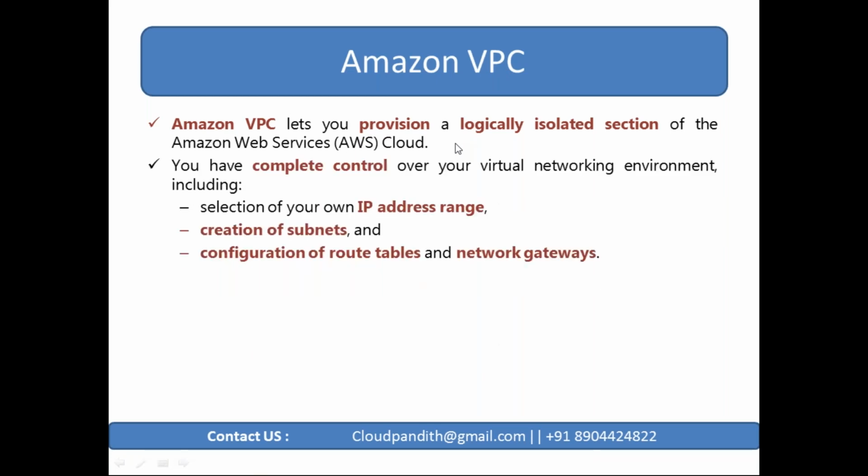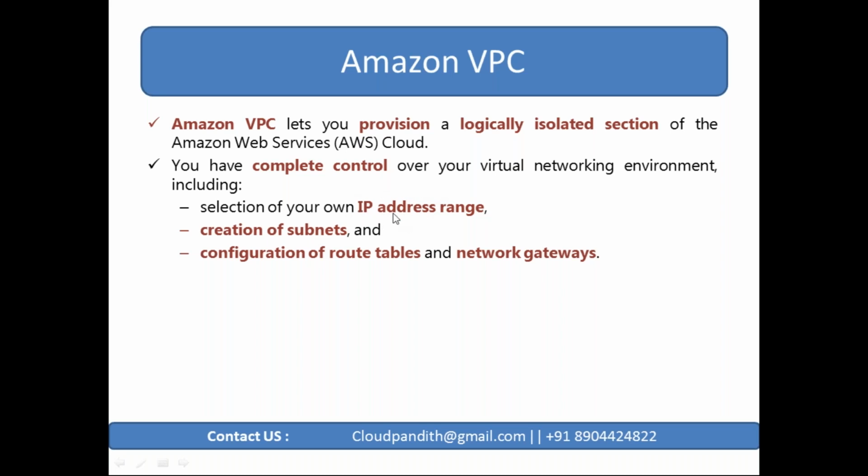So VPC is nothing but a virtual private cloud. In this virtual private cloud, you can divide the entire network into subnets. Okay, so subparts you can divide. What is the advantage? You will get better performance, and you will get low latency. Here you can have a CIDR, classless IP addresses you can provide.